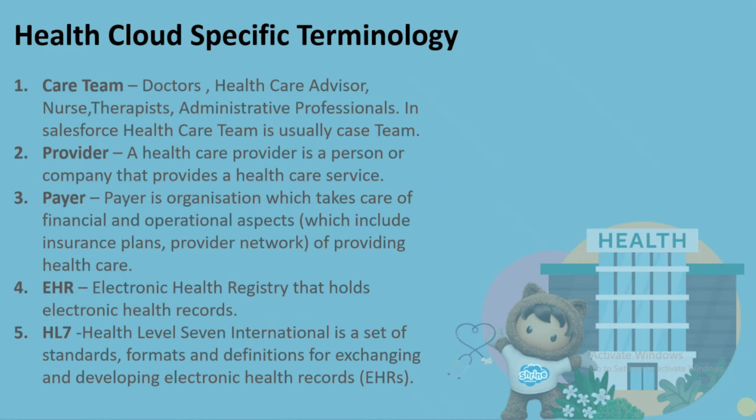Later I'll show you screenshots and the demo, so you will get to know where the EHR falls. HL7: Health Level 7 International is a set of standards, formats, and definitions for exchanging and developing electronic health records, EHRs.